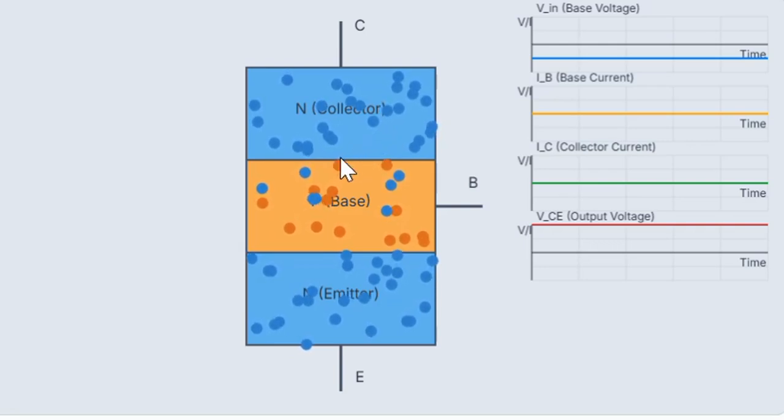So this is the basic structure of the NPN BJT. Now come to the next point.